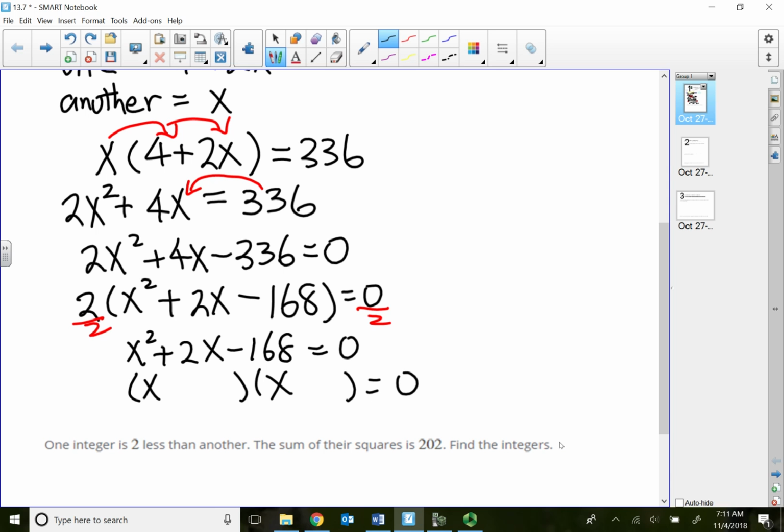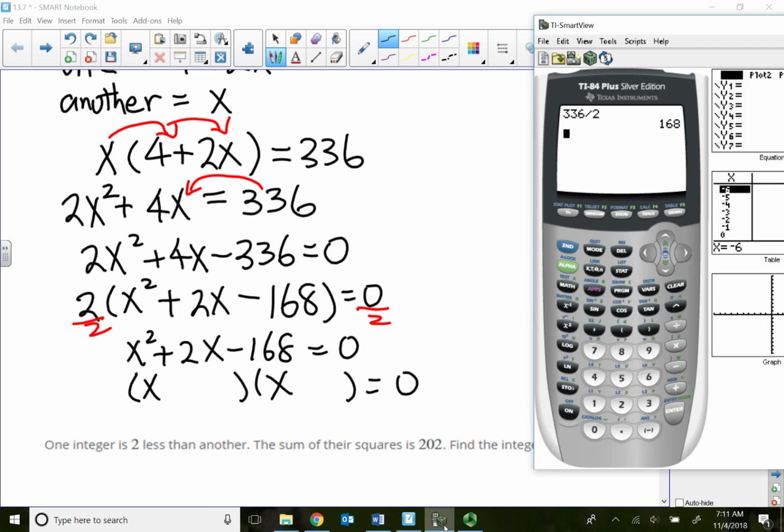What that means is the two numbers that I need for 168 have got to be very close to each other in order to have a difference of 2. So let's do a little bit of thinking here, okay?